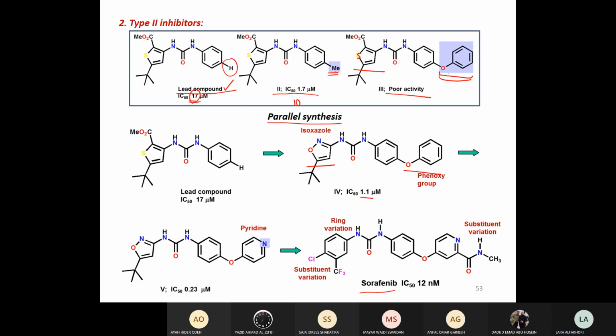Which one? Yeah, this one that has the nitrogen is called pyridine. This one? No. Usually in the adenine binding pocket, look for rings that are planar.